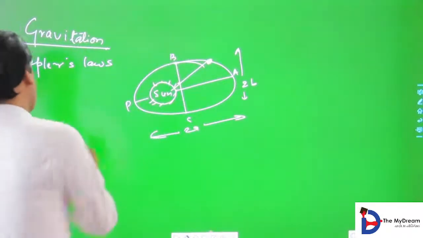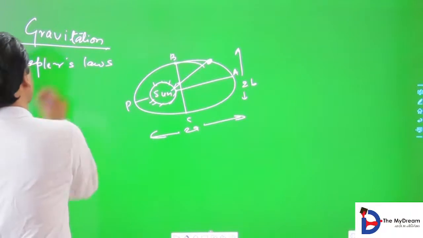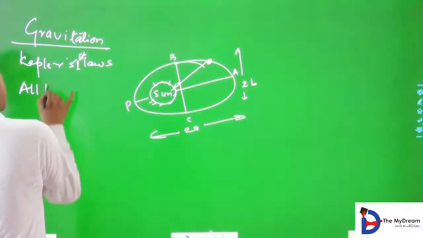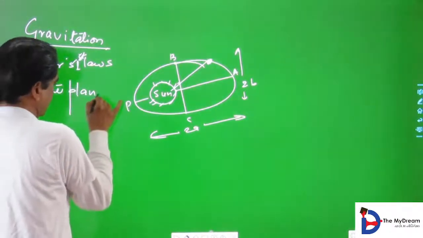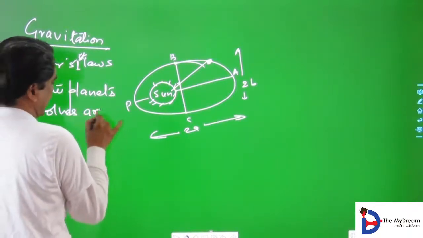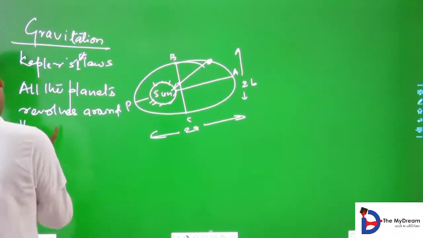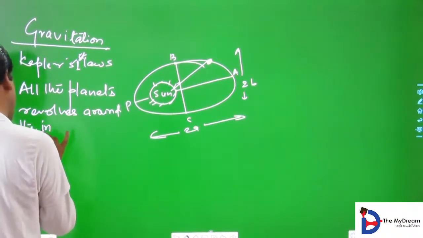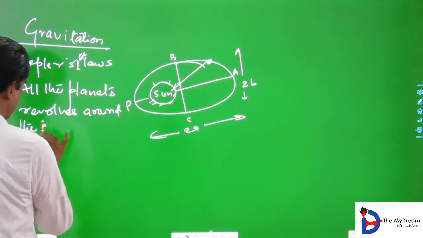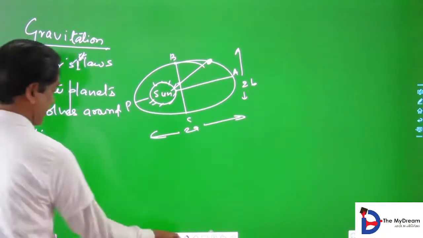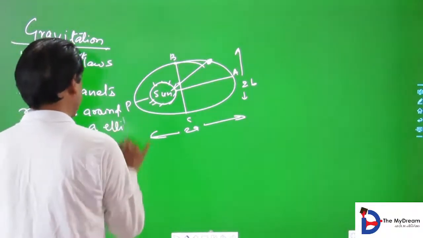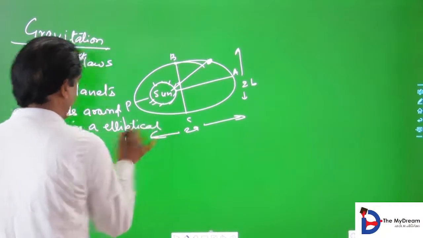Kepler's first law, all the planets revolve around the sun in an elliptical orbit.